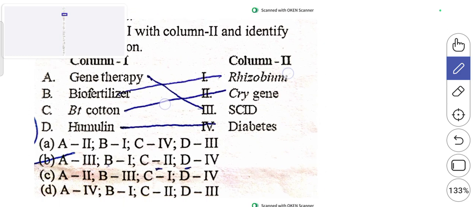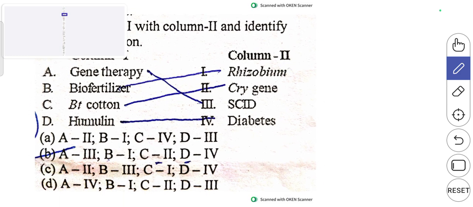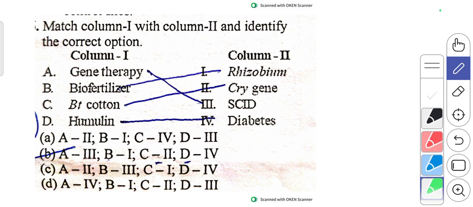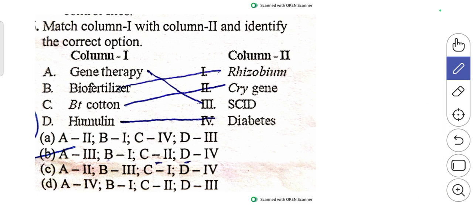So next one, again in this one they have already matched. Let's discuss gene therapy. This gene therapy is done through, or commonly called, SCID, severe combined immunodeficiency. Then biofertilizer, again the rhizobium, it is a fungi.